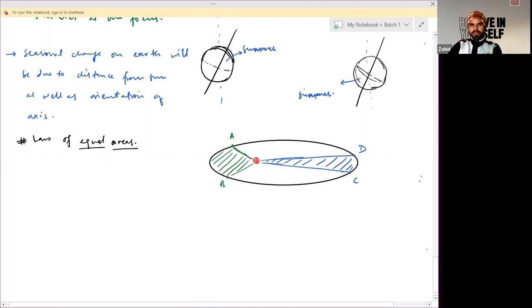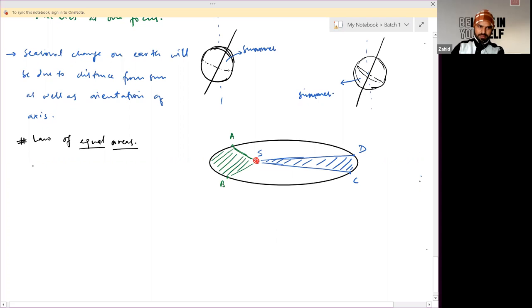According to this law, if the area going from A to B equals the area going from C to D, then the time taken by the planet to go from A to B equals the time taken to go from C to D.